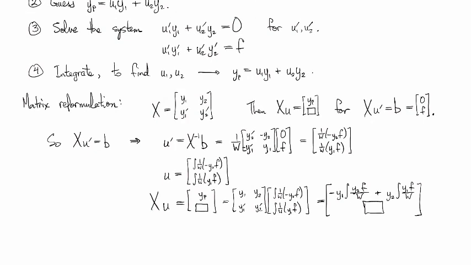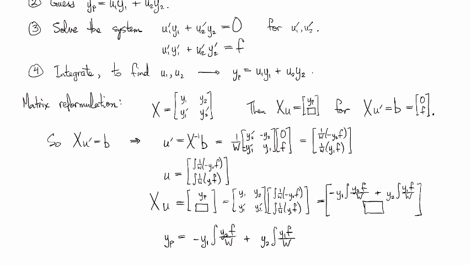So that tells us that yp is minus y1 times the integral of y2 f over W plus y2 times the integral of y1 f over W.